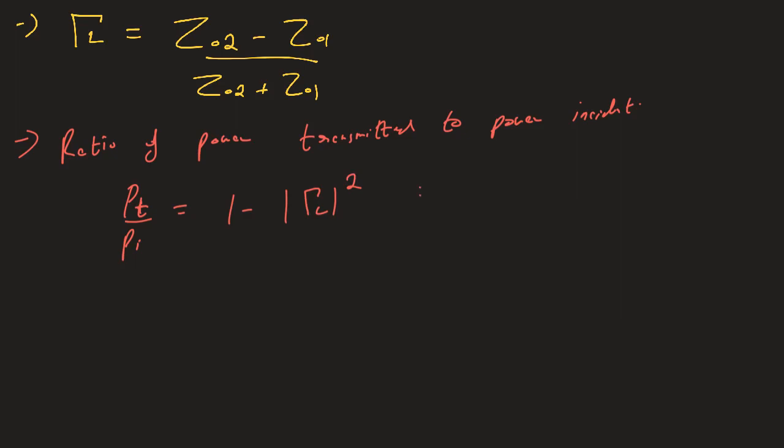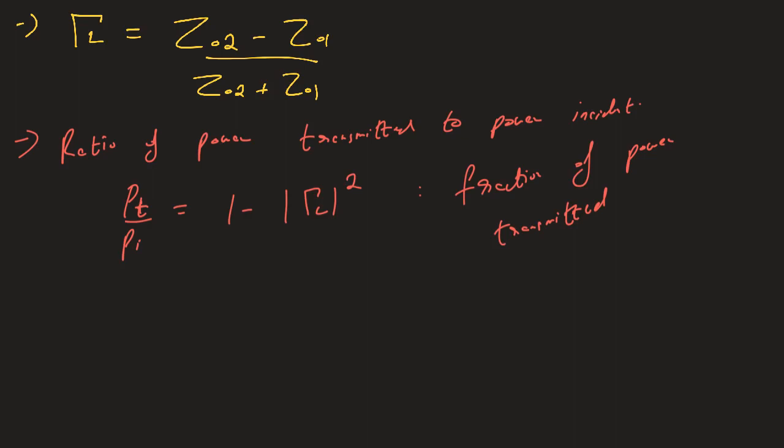So this is the fraction of power transmitted. So the higher the mismatch between the two impedances, the higher would be the magnitude of gamma L, and the lower would be the transmission between the two waveguides.